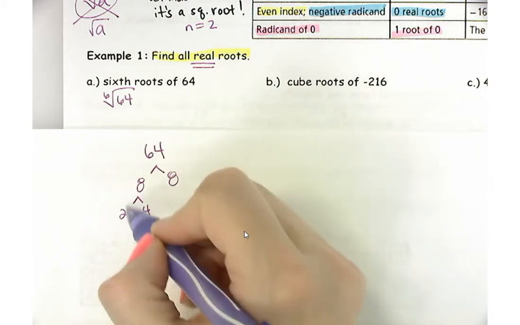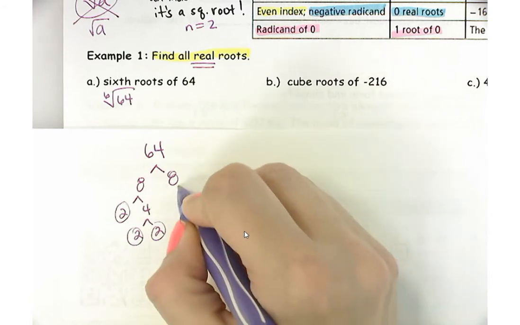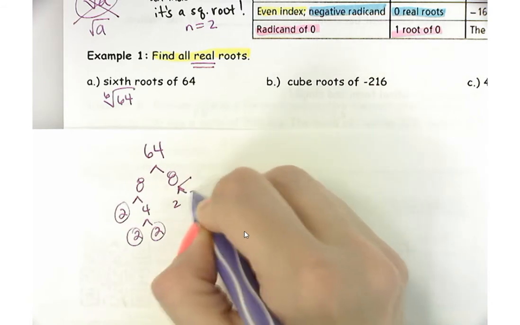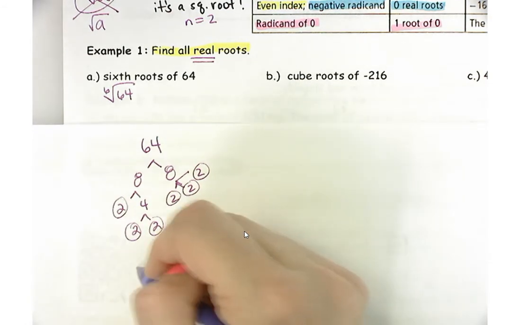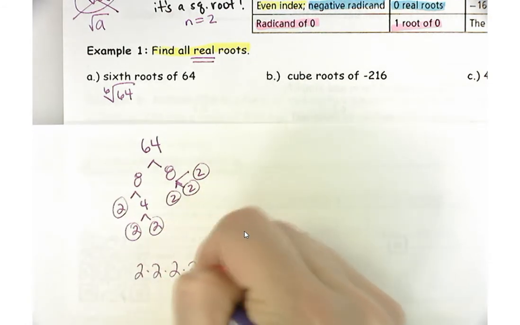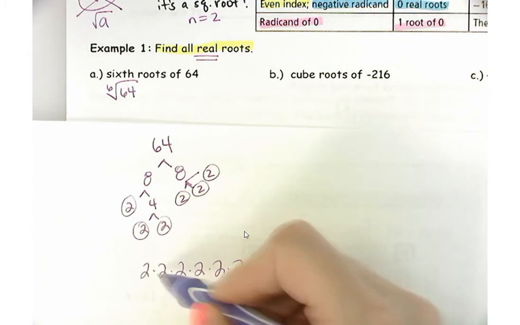So if you have the 6th root of 2 to the 6, what happens? Yeah, the 6th power cancels out with the root, and you're left with 2. Now remember, because it is an even index and a positive radicand, you have 2 real roots, so you're going to put your plus or minus.